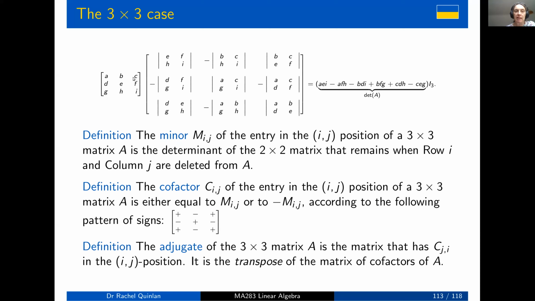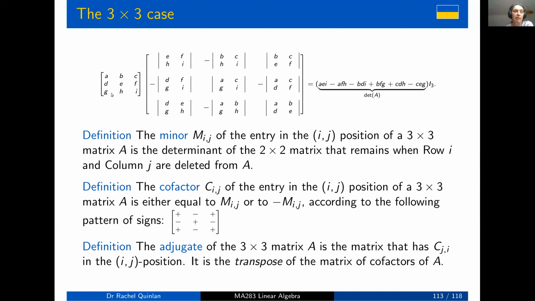What's left is B, C in row 1, H, I in row 3, and the determinant of that 2 by 2 matrix appears with a negative sign in the 1, 2 position of the adjugate. Okay, so the entry in the 1, 2 position of the adjugate is minus the determinant of the matrix that remains when the entry of the 2, 1 position, when its row and column are deleted from A.